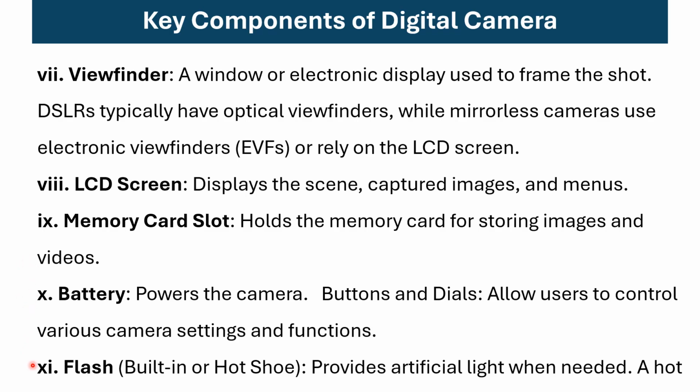We have the flash, which gives extra light when you need it in environments with less light. This flash can either be built-in or hot shoe. Built-in is the one which comes with the camera, and the hot shoe is where you buy a separate flash and attach it to the hot shoe of your camera.